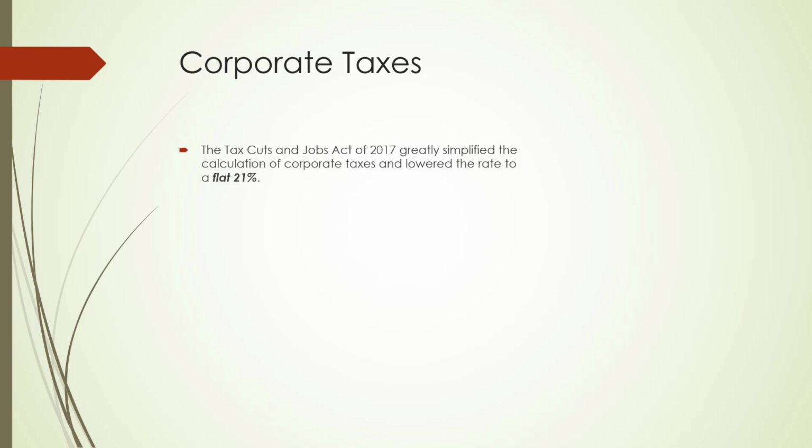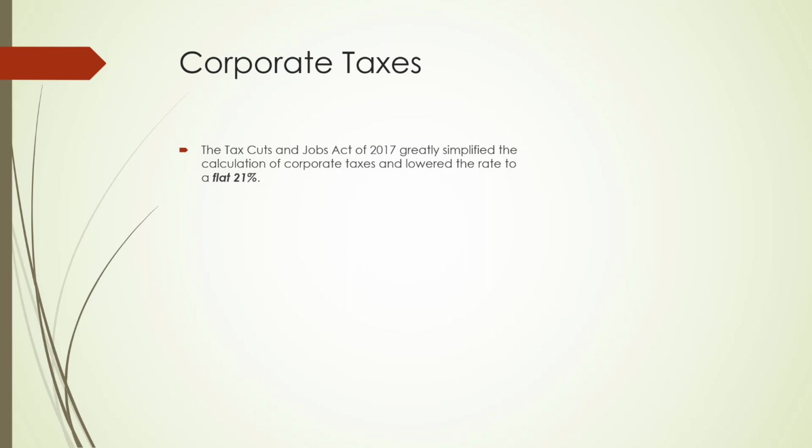All right, now a couple of other things that we want to talk about here, which are related to taxes. So let's look at how to calculate corporate taxes. Now, before we get into this, note that the Tax Cuts and Jobs Act of 2017 greatly simplified the calculation of corporate taxes and lowered the rate to a flat rate of 21%.